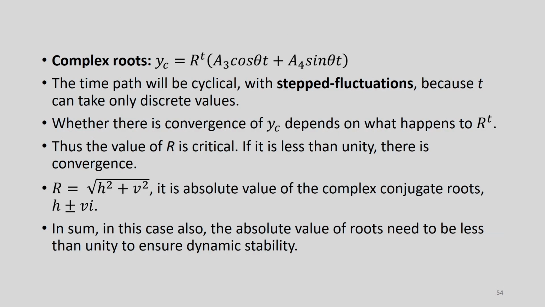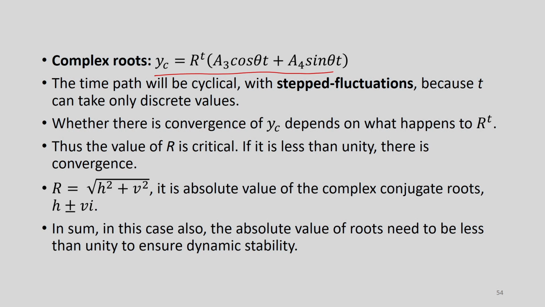What about the complex roots? So, in the complex root case we have this as the complementary function. The time path will be cyclical, we have noted this before, with stepped fluctuations because t can take only discrete values.